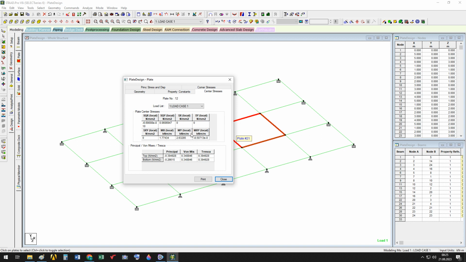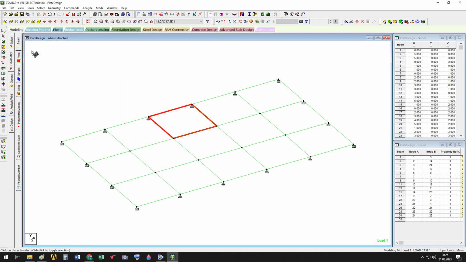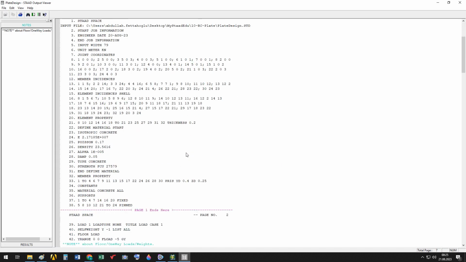That's my idea. But from here, we can look separately by right-clicking on any plate element, slab element, or floor element. We can learn what design was done for that slab element. I mean the reinforcement amount and other things. But we have just one possibility. We will go to the output file.